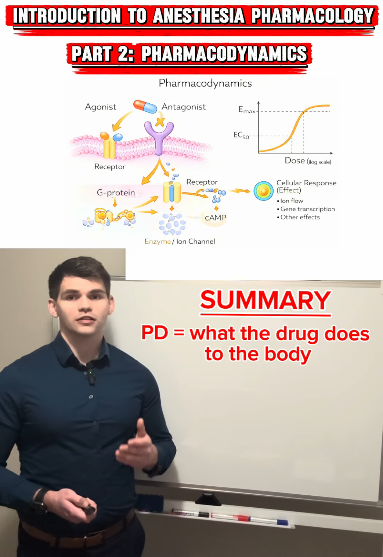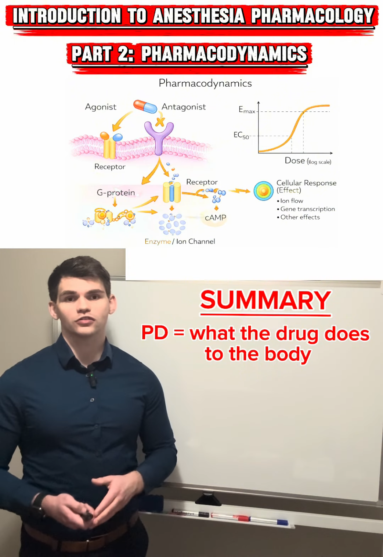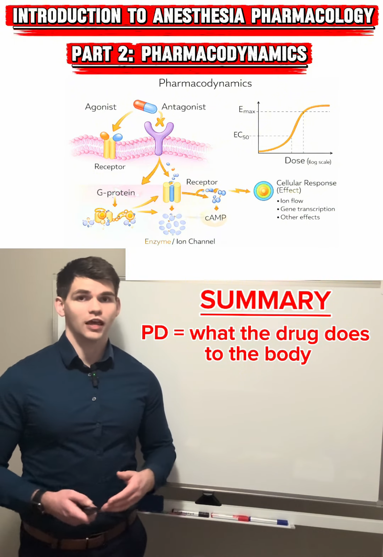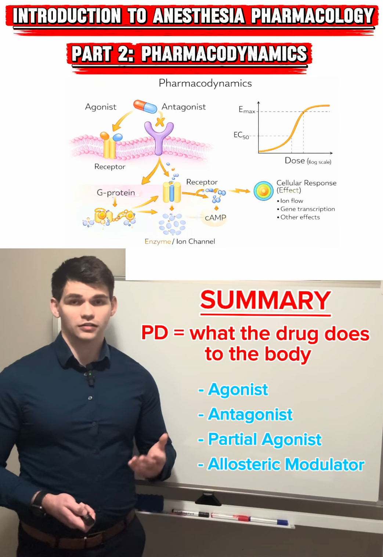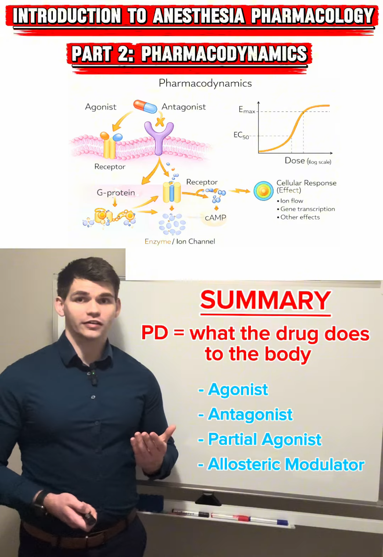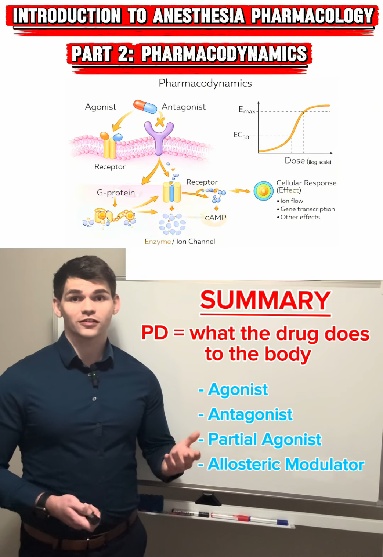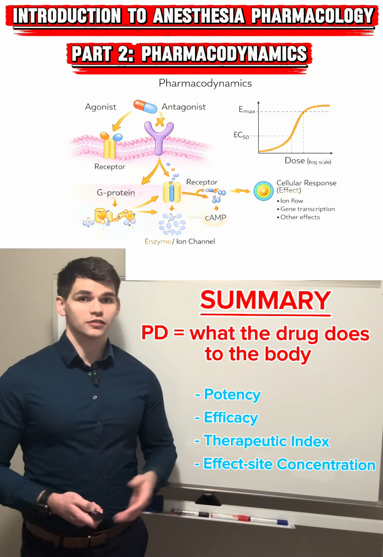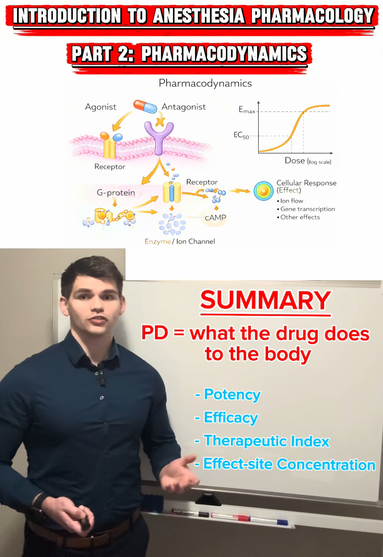It explains how drugs interact with receptors and how those interactions produce sedation, analgesia, amnesia, and paralysis. We have our agonist, antagonist, partial agonist, and allosteric modulator. It also helps us understand potency, efficacy, dose response curves, therapeutic index, and effect site concentration.